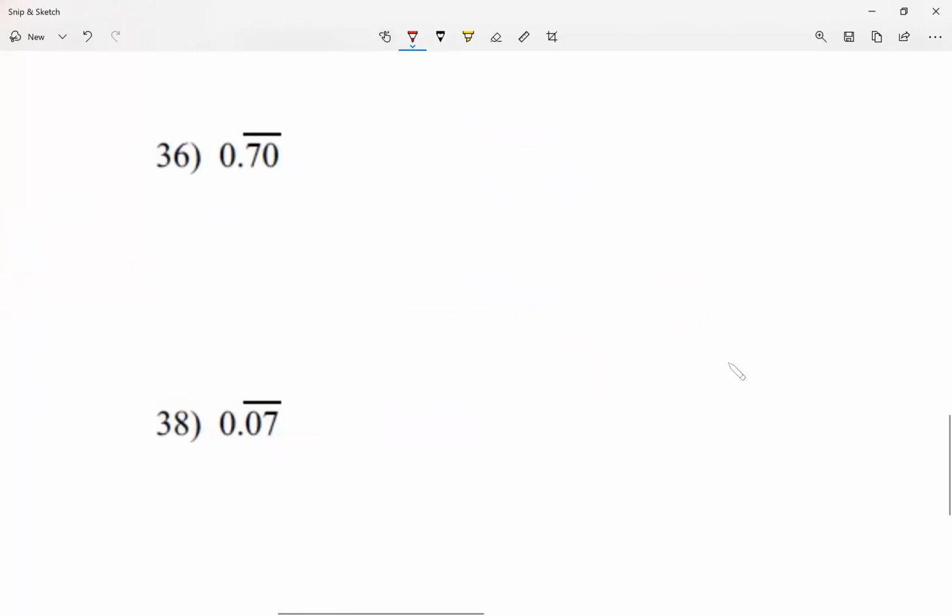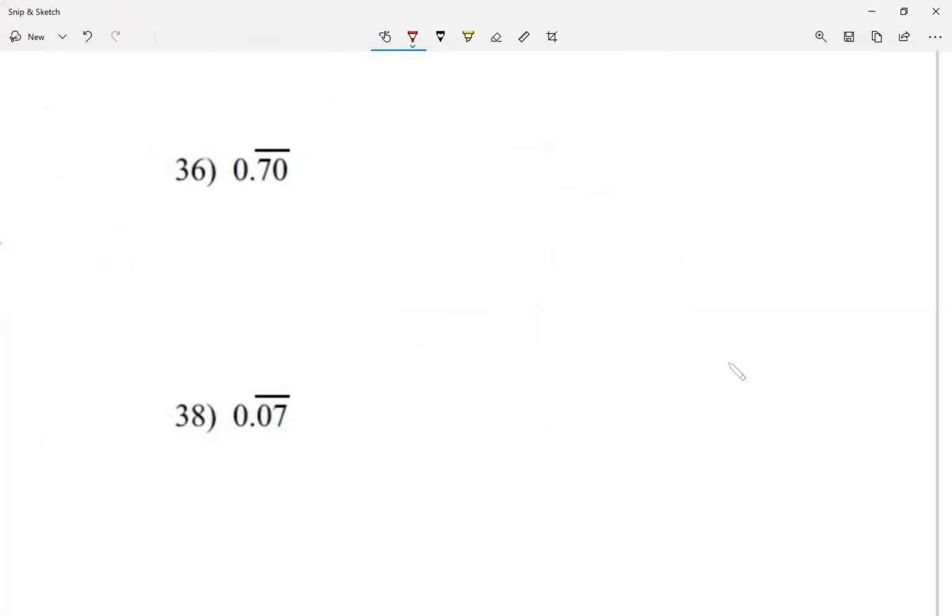Let's take a look at this other example here. So this one, I'm going to say the 1x. Like I said, let's just write the 1 in front of the x. 1x is equal to 0.70 on and on and on. Now, there are two numbers that keep on repeating, right? 70. So I'm going to multiply this by 100.